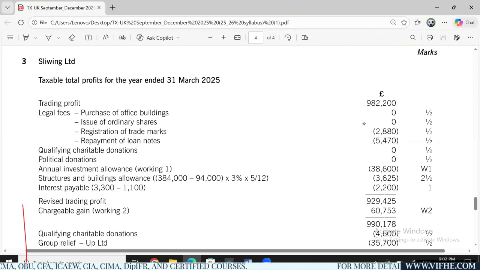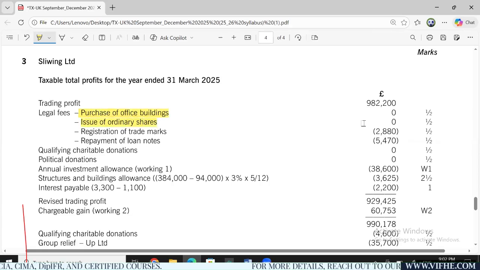The legal fee associated with purchase of office building and issue of ordinary shares, being capital activities, is not going to be deducted, but the legal fee related to the trademark and the expense relevant to the trademark itself, that is also deductible, and the legal fee associated with the loan note repayment, that is deductible as well.